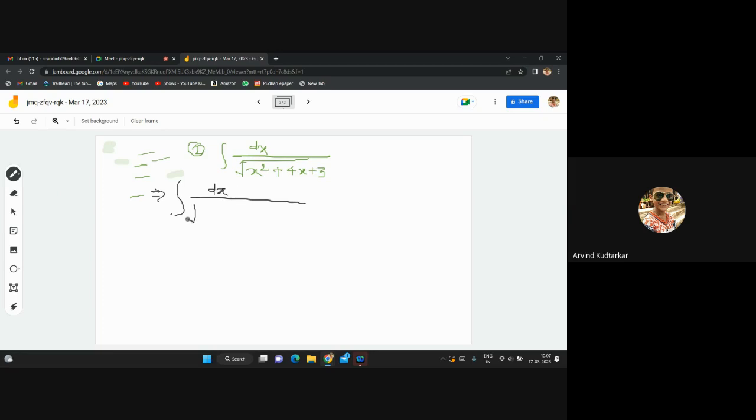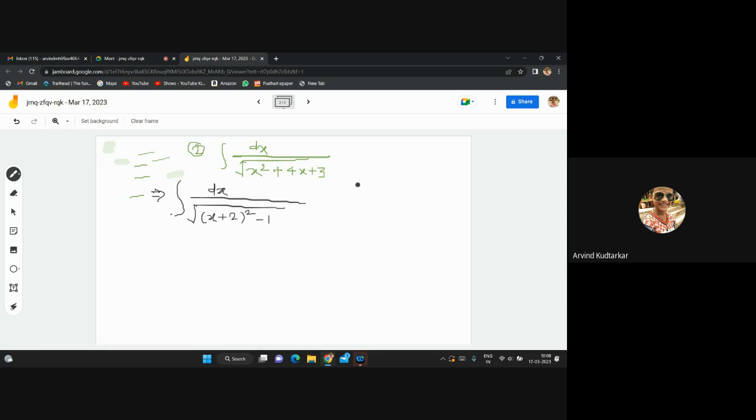Root of x plus 2 whole square is there. x plus 2 whole square means what? x square plus 4x means we will get two more terms in the form of x, and plus 4 minus 4 plus 3, that is minus 1. Minus 1 is there. Okay. So after expanding, you will get the same. So it is x square plus 4x plus 4 minus 1, that is plus 3. Okay. And this is what? A perfect square for the polynomial.